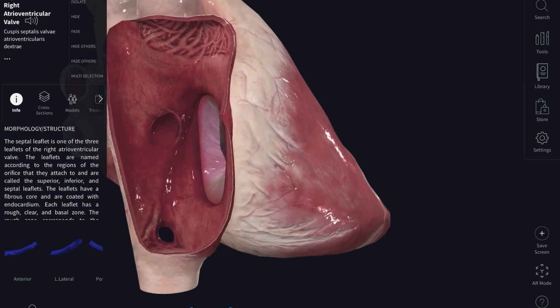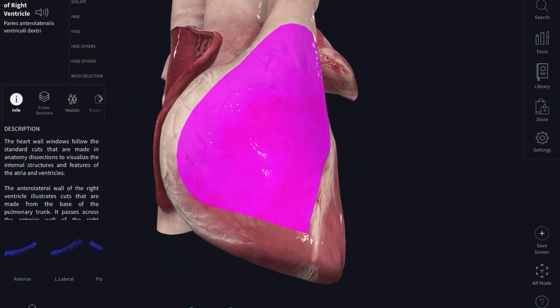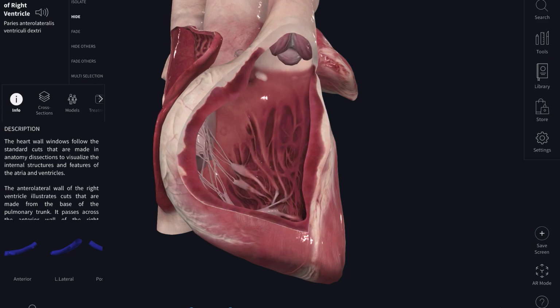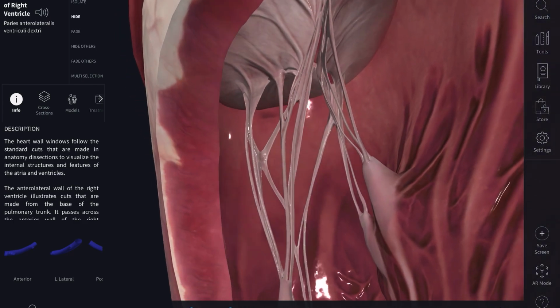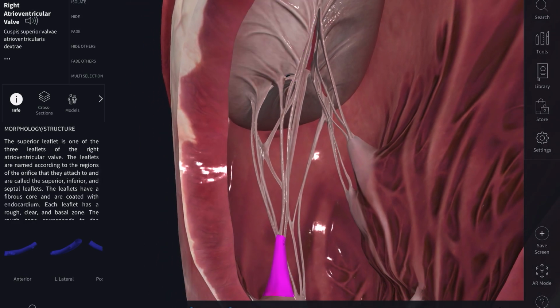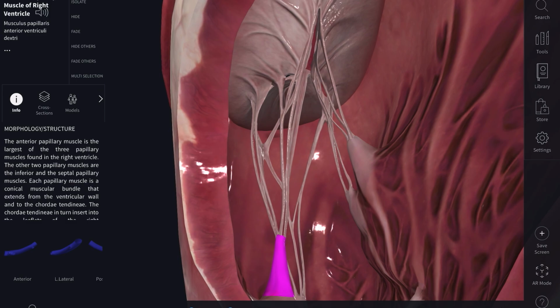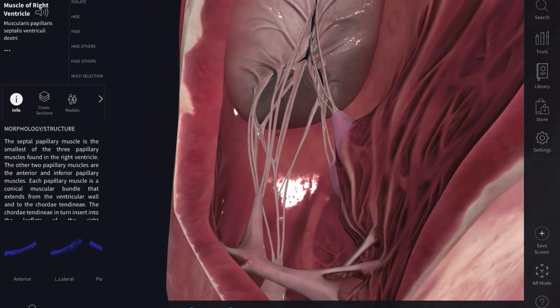If we move on to where the blood then goes through, we're going to move into the right ventricle. So all of those cusps have chordae tendineae connected to them, and your papillary muscles is what's controlling those.